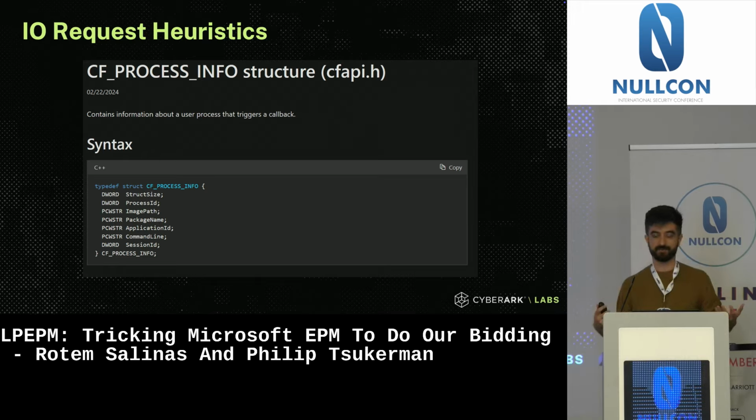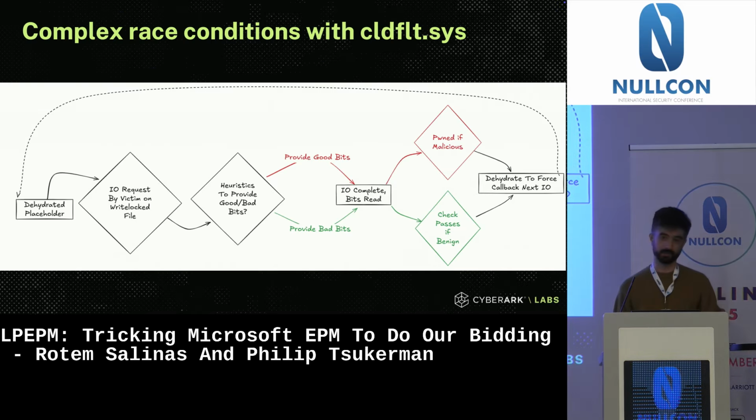And now we have this possibility to do complex heuristics, and instead of doing a pure race condition in which we try to flip between different versions of a file endlessly in a loop, we can choose which kind of bits we show which request. And we have this generalized flow to this kind of vulnerability.